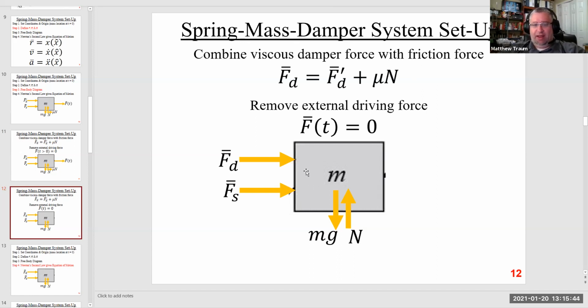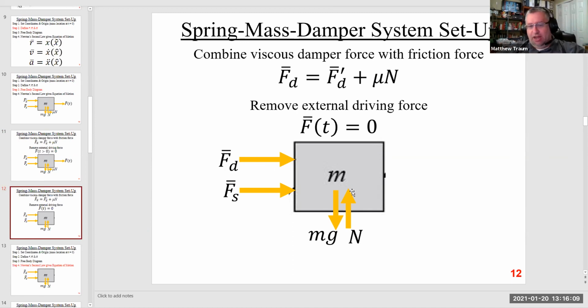So if I'm dragging the mass to the right, they both operate to the left. And if I'm pushing the mass to the left, both of these arrows point to the right, because the spring and the dashpot are always opposing the direction of movement of the mass with the force that they create.